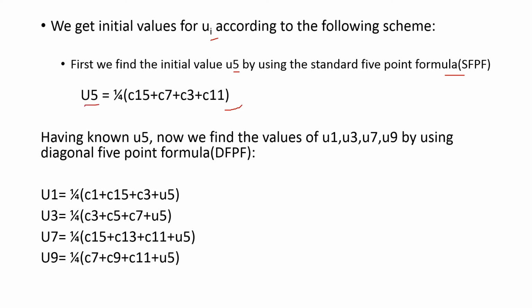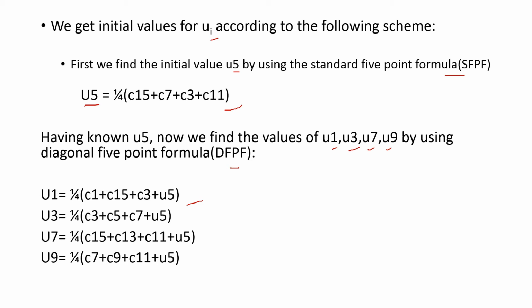Having known U5, now we find the values of U1, U3, U7 and U9 by using the diagonal 5-point formula, DFPF. U1 is equal to 1 by 4 into C1 plus C15 plus C3 plus U5.